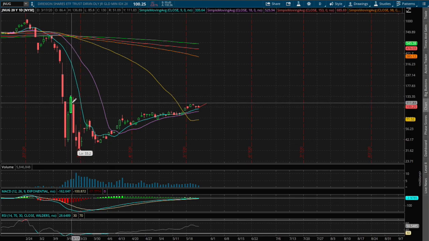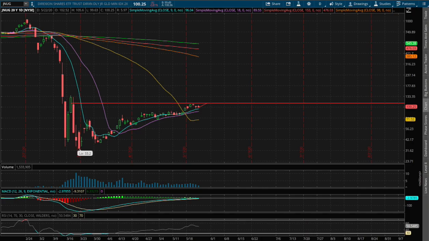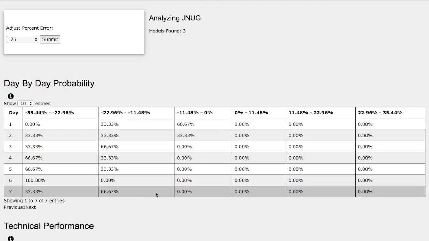That also coincides with past resistance that dated back to, say, March 18th.